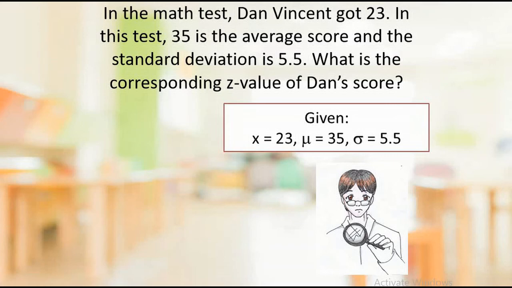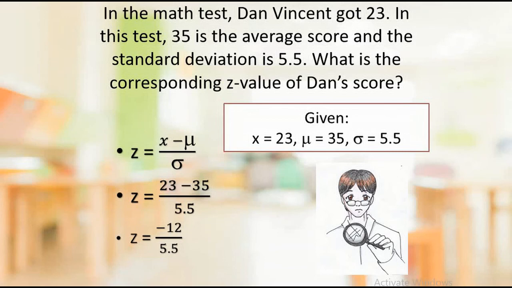So z is equal to x minus mu over sigma. So z is equal to 23 minus 35 over 5.5. So z is equal to negative 12 over 5.5. So using your calculator, z is equal to negative 2.18.